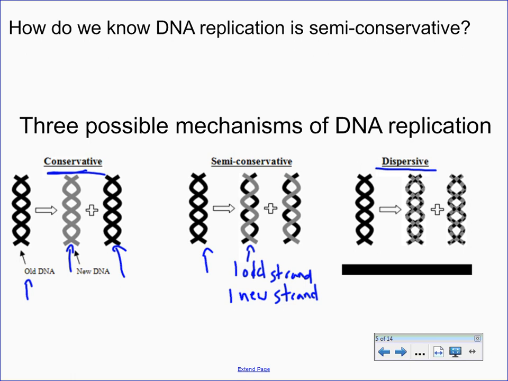The last mechanism is the dispersive mechanism, and this is where, when the DNA replicates, it is essentially a mix of both old and new DNA. So essentially, the strands get chopped up and reassembled, and you have this intermingling of new DNA and old DNA.